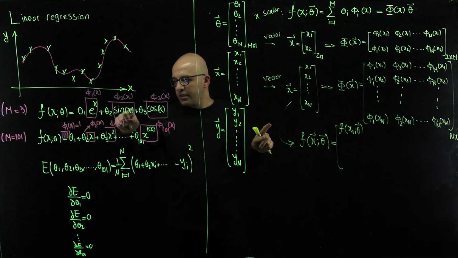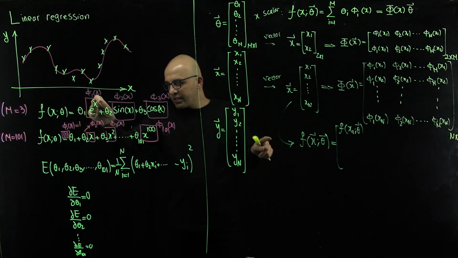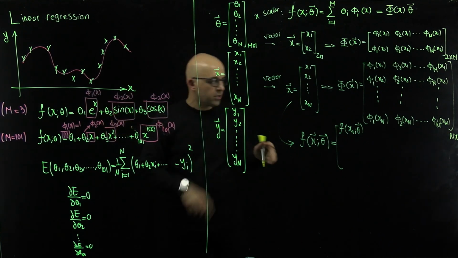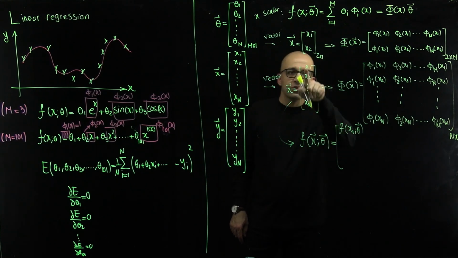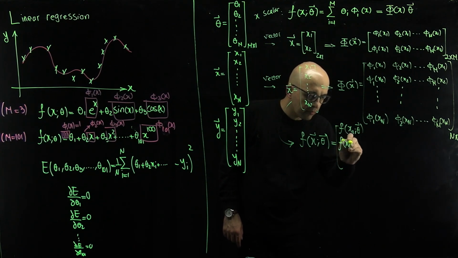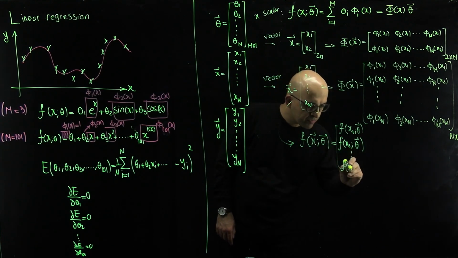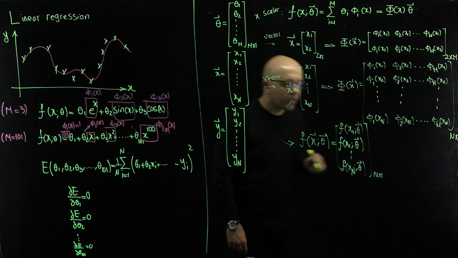Because if you plug in a particular x, let's say x1 here, you still need to multiply phi1 of x1 times theta 1 and phi2 of x1 times theta 2 and so on and so forth. So that's why I put the entire vector here, but now x1 is a scalar. It's just one component of this vector. And the second component is this, and now this is a vector of n by 1.